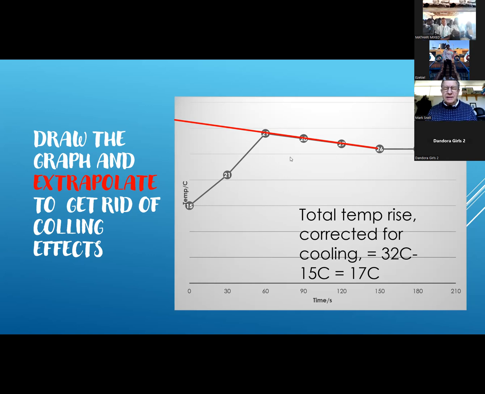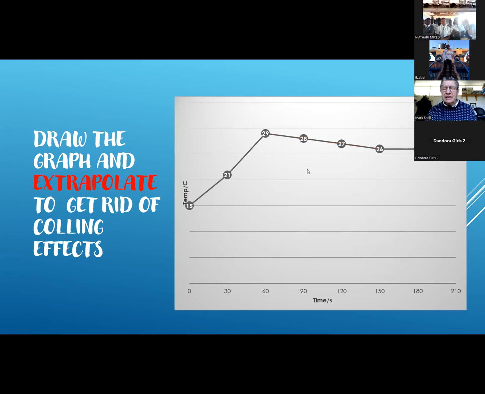So the total rise is not 15 to 29. This line here, that's the original graph. This line from 29 back down to 26 shows how fast it's cooling, the rate at which it's cooling.